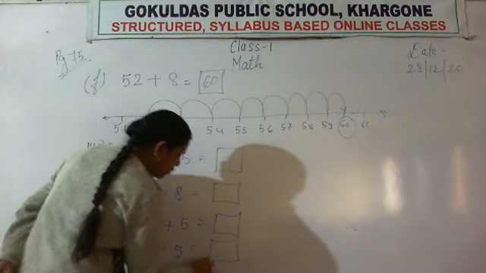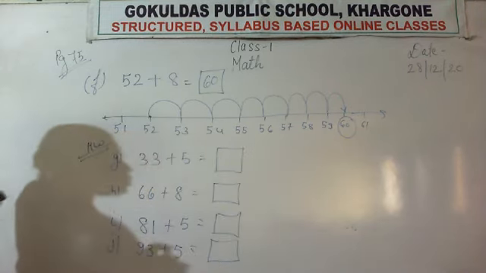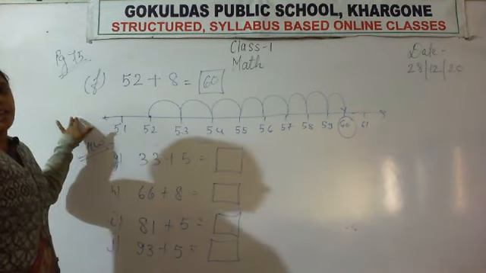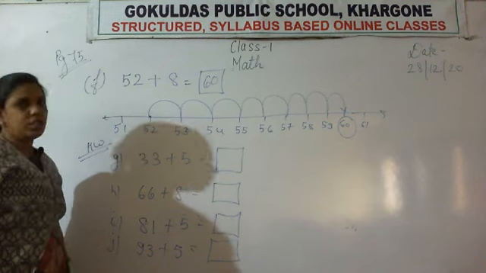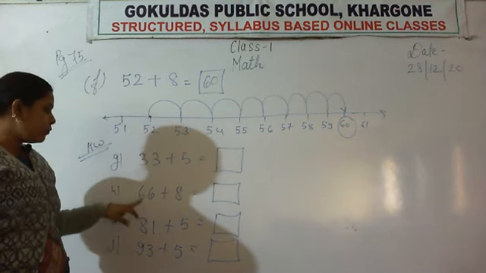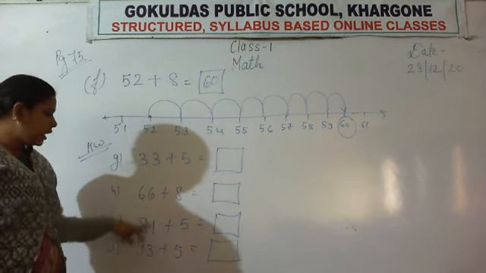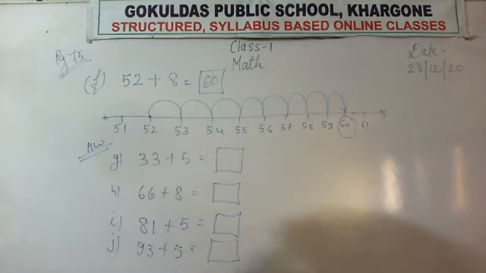So these are homework questions which you have to do using a number line. In the same way that we have done just now, you have to do these 4 questions also: 33 plus 5, 66 plus 8, 81 plus 5 and 93 plus 5.